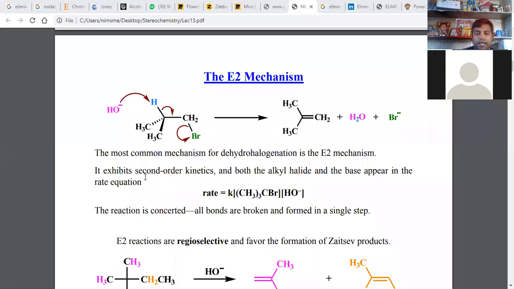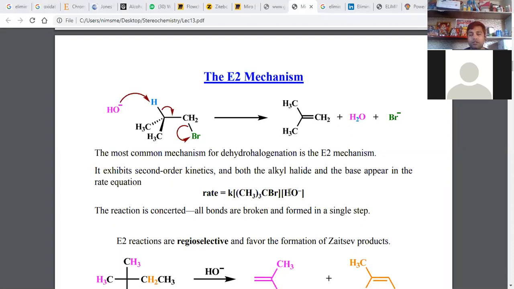E2 elimination reactions, or elimination bimolecular reactions, exhibit second order kinetics, and both the alkyl halide and the base appear in the rate equation. So the rate of the reaction depends on the concentration of the substrate as well as the concentration of the base. Rate equals the rate constant times the concentration of the base times the concentration of the substrate.